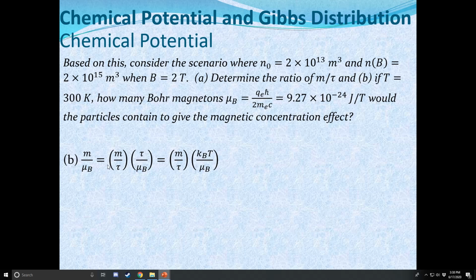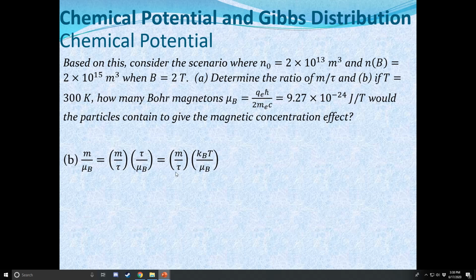So here, what we're going to do is start off with our ratio, and we can see that we can get this ratio by essentially multiplying this by tau over tau and then distributing one of the taus to each of these terms. So we end up having something that looks like this.